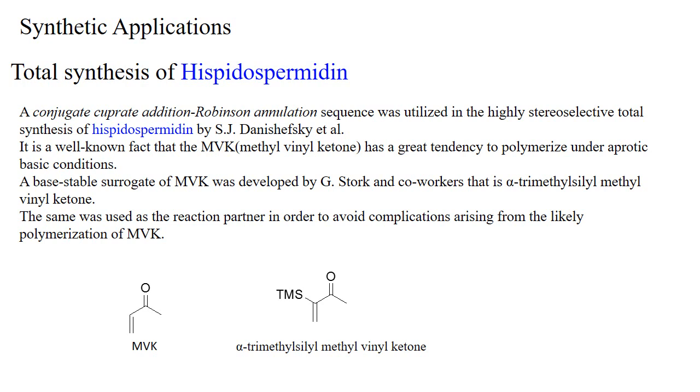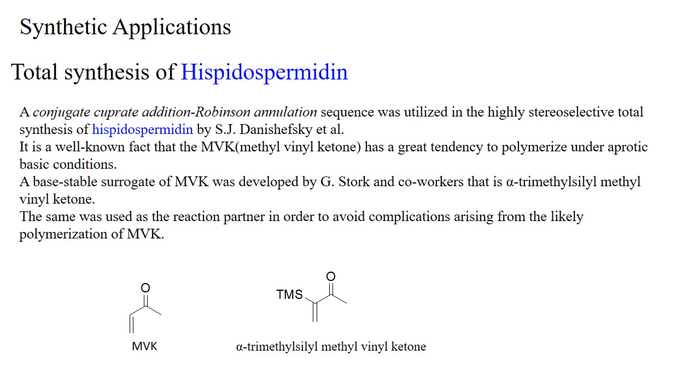Synthetic applications of Robinson annulation reaction, and this is our today topic, in which we will discuss the synthetic applications of Robinson annulation reaction. First synthetic application of Robinson annulation reaction is the total synthesis of histidospermidine.